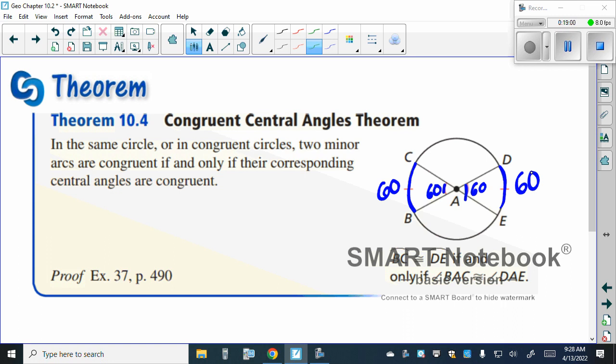Now, the deal with this is they have to be congruent circles or in the same circle. Because when we talked about angles, especially in triangles, if I made the triangle bigger, side length's bigger, but didn't mess with the angles, it's still 60 degrees, yes? So if I made the circle bigger with the same angle setup, that'd still be 60 degrees, no matter if it is this size or that size.